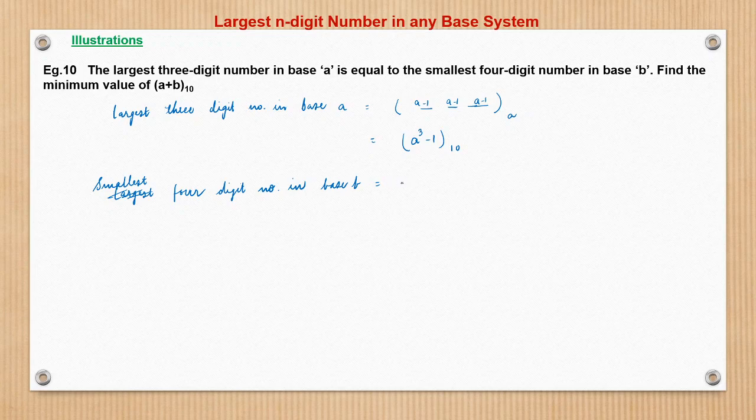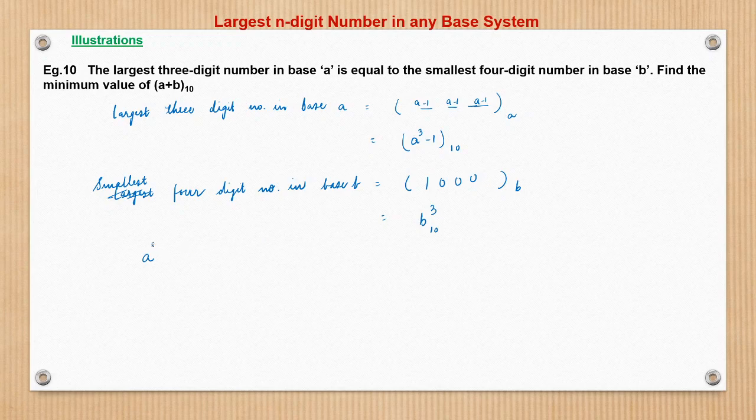In base B, the smallest 4-digit number will be 1000 only in base B, and this we can write as B raised to power 3. And these two values are equal in base 10.